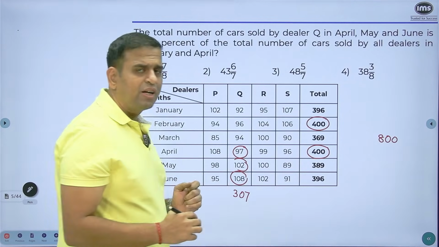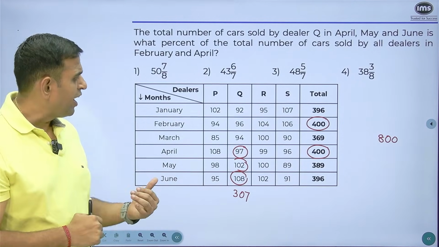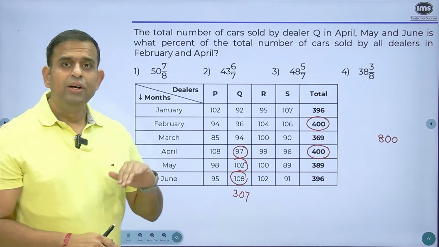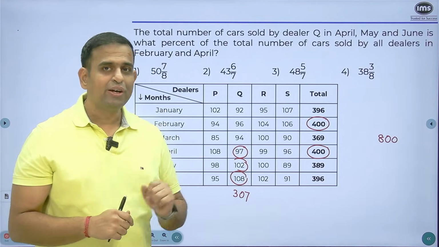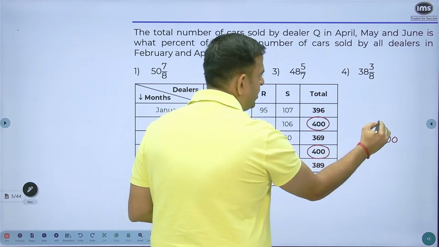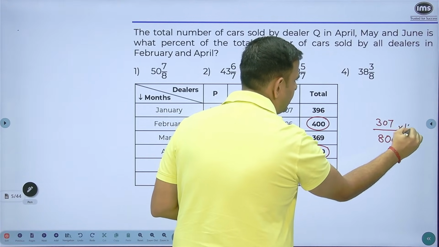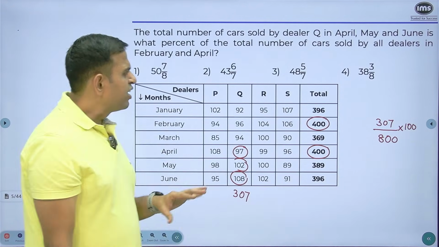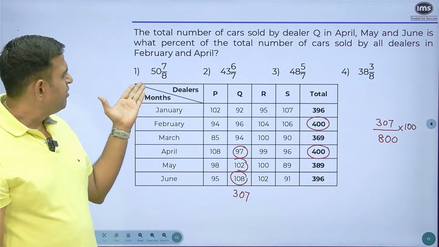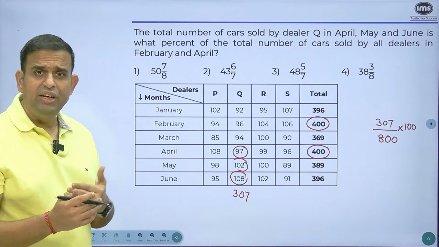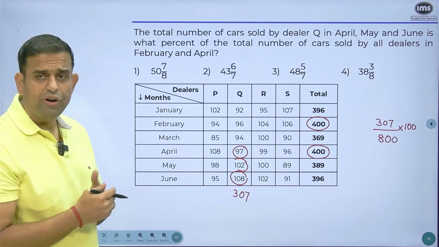And what is my task now? The task is simply going to find out that 307 represents what percentage of the number 800. If you look at the options, one is 50%, one is between 40 and 50%, one is less than 40%.